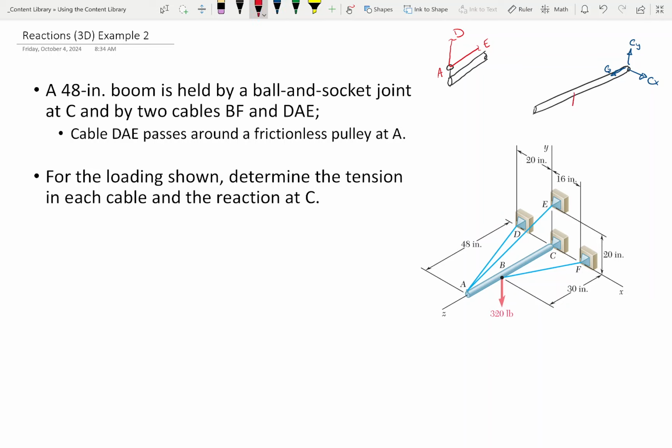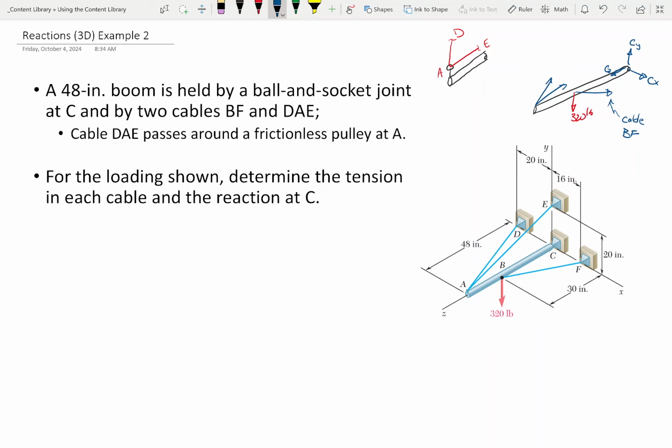There's this 320-pound load right here. There's an unknown force like that, which is the force in cable BF. And then there's two forces sort of like that.